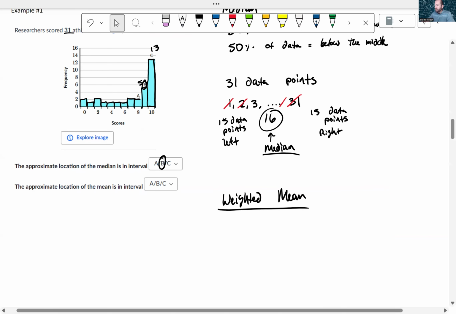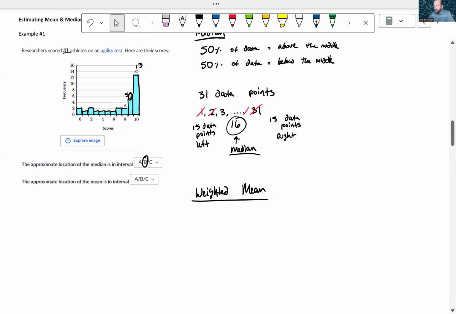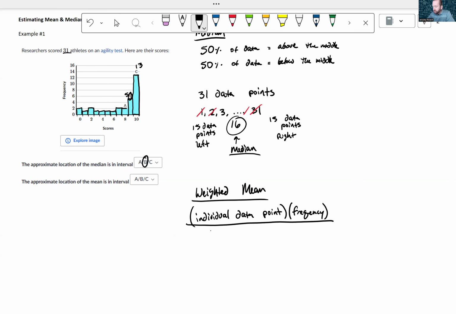To find the weighted mean, we take an individual data point times its frequency. So I'm just going to write this out. Individual data point times the frequency, and we're going to divide that by the number of data points that there are, or n.